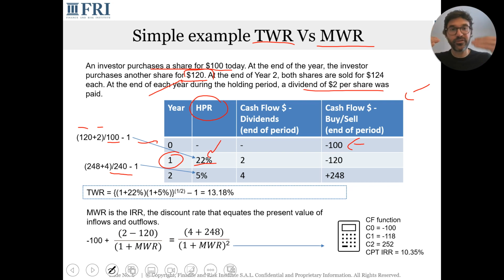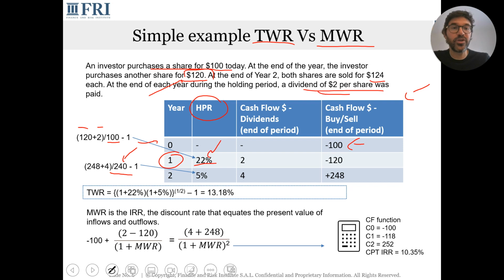It's as if you're starting from scratch now to come up with the calculation of holding period rates of return for year 2. So the beginning value is 2 shares which were worth at the beginning of the year $120. So the beginning value is 240. The ending value is 124 per share, so we sold both for 248.